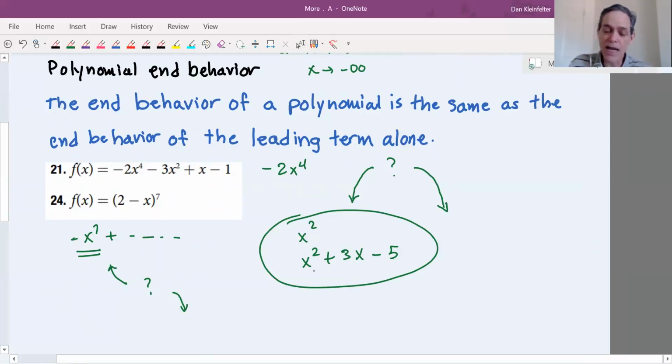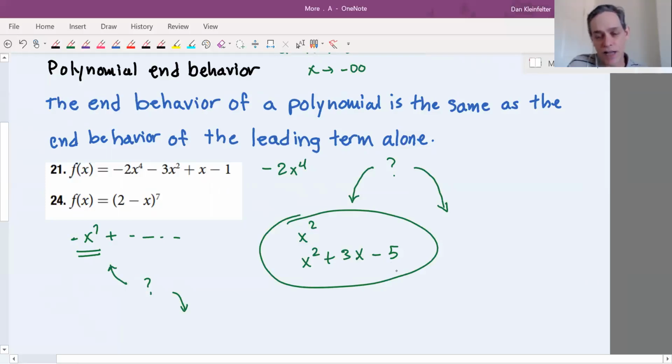But the thing is that x squared is so much bigger than that, that in a way we can just kind of neglect the 3x, even if it is kind of large. And we can neglect it because relative to the size of x squared, it is not as big. And then the negative 5 is really insignificant. If you had $3 billion, then you could afford to give somebody 5, right?